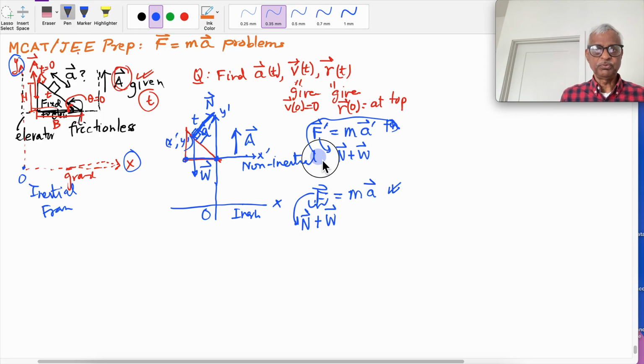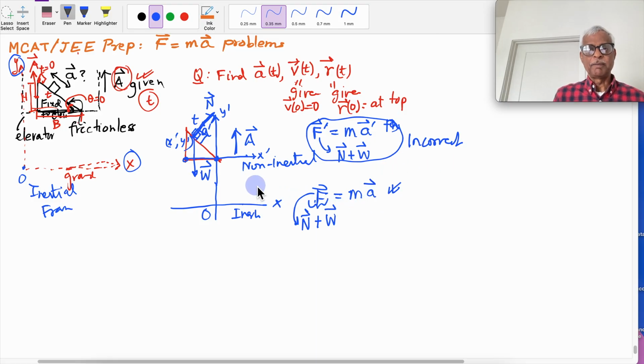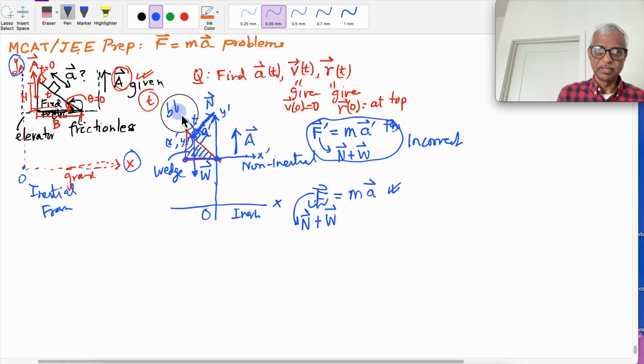But so this formula turns out to be incorrect, because clearly you can see the acceleration here is with respect to something that's not moving, right? The block is not going anywhere, so it's with respect to the wedge, let's call it, and the name of this guy will be block.